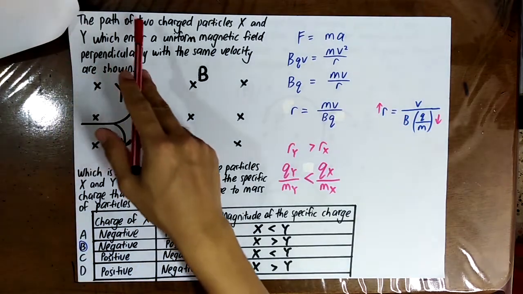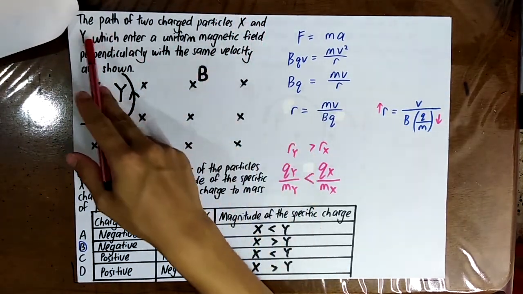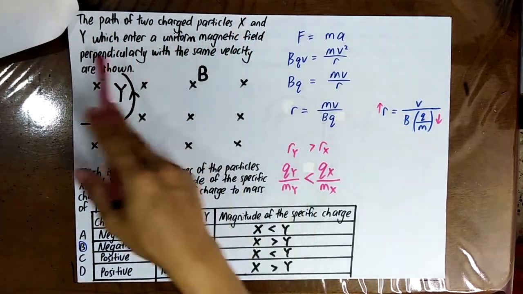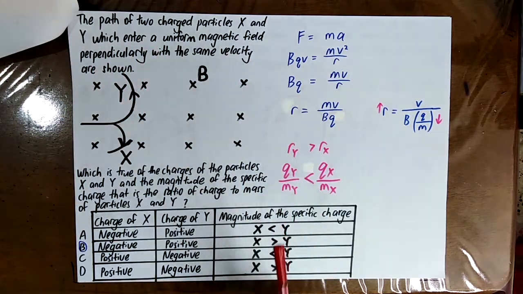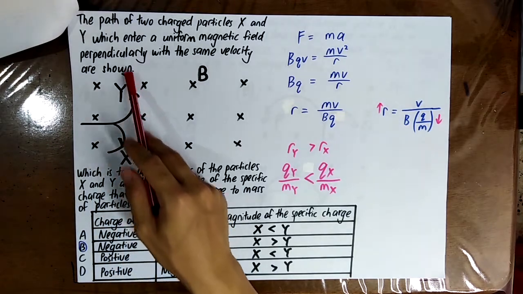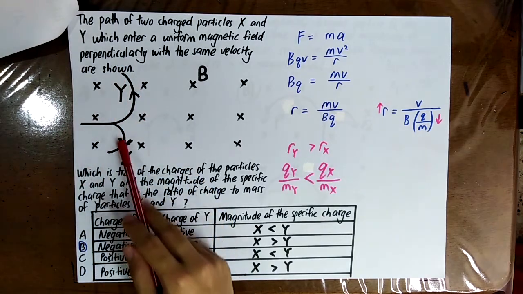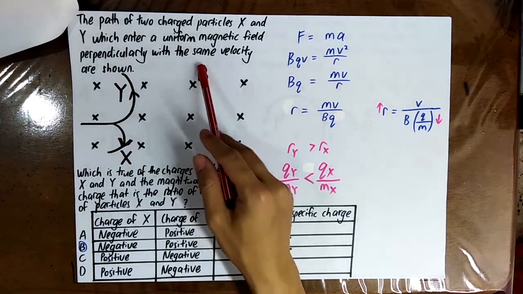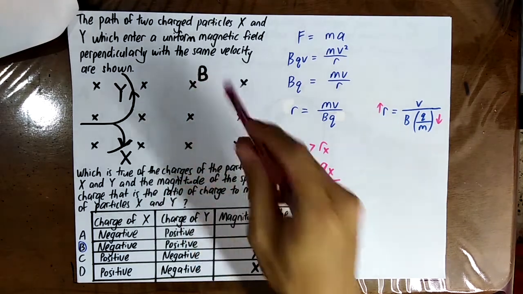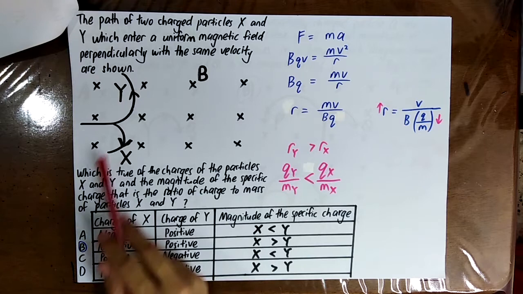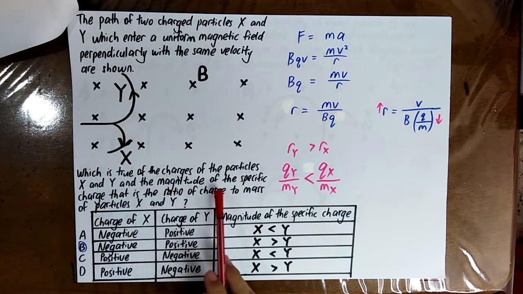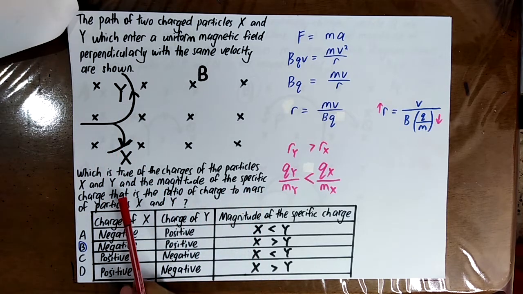The paths of two charged particles X and Y which enter a uniform magnetic field perpendicularly with the same velocity are shown. Y will move from here to here, X will move from here to here. The direction of B is into the page. Which is true of the charges of particles X and Y, and the magnitude of the specific charge, that's the ratio of charge to mass, of particles X and Y?